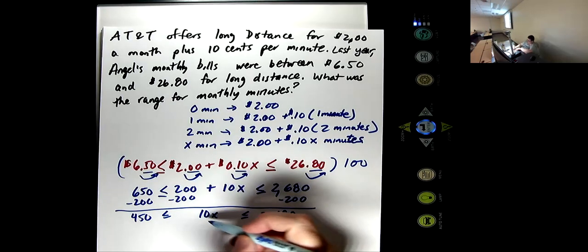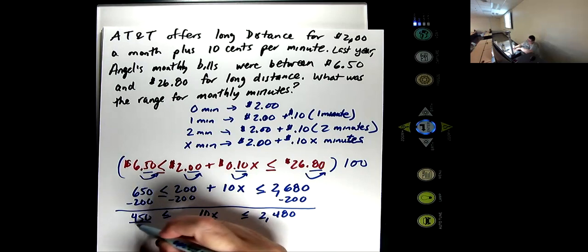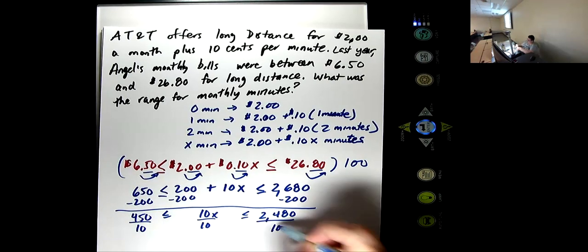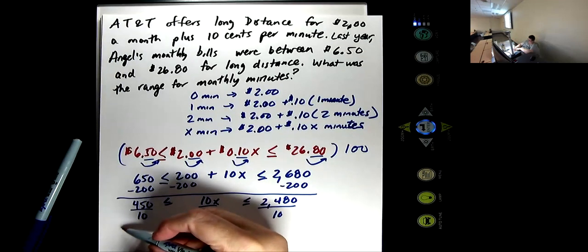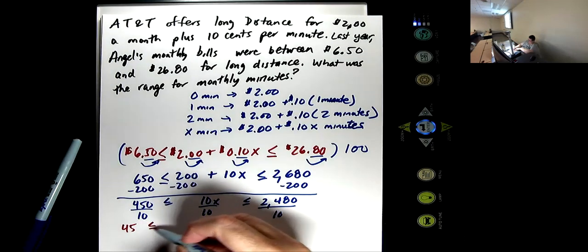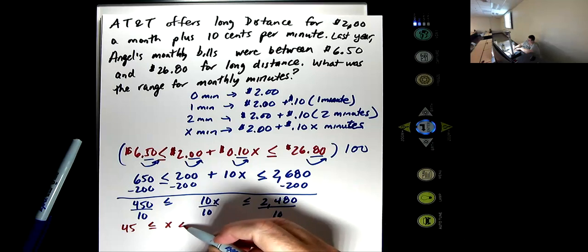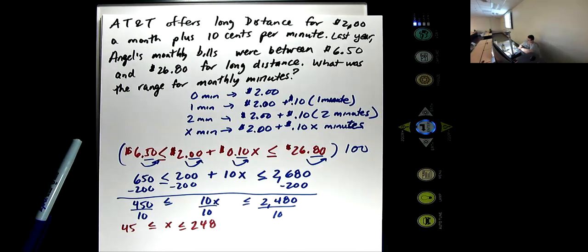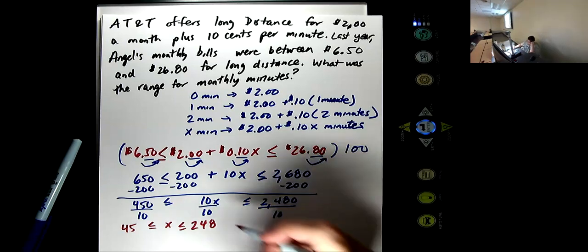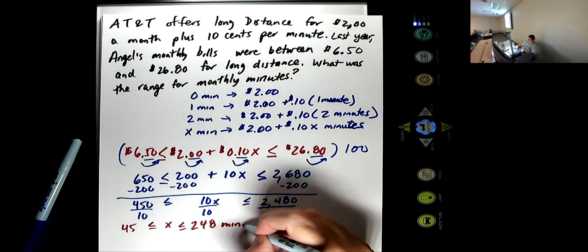Then we divide by 10 to get rid of the number in front of x. And we get 45 is less than or equal to x, which is less than or equal to 248. And x was in minutes, so these are minutes.